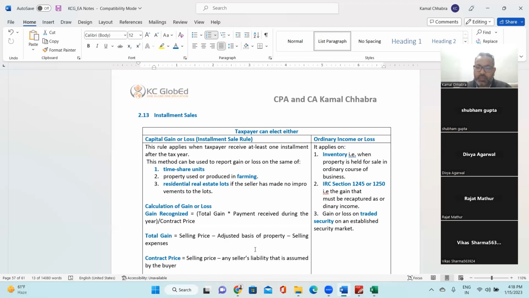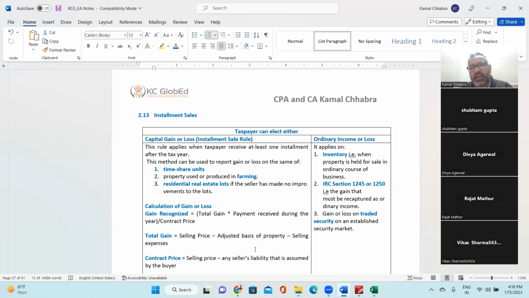The lawmaker says the risk, reward and ownership of the asset is transferred from the seller to the purchaser on the last installment. Until then, the seller has all the rights to repossess the asset. If the buyer does not make the installment payment, the seller has the absolute right to repossess the asset. That is what an installment sale is.